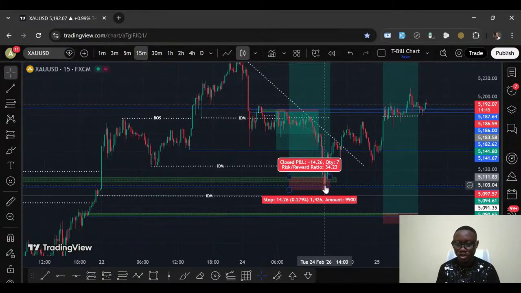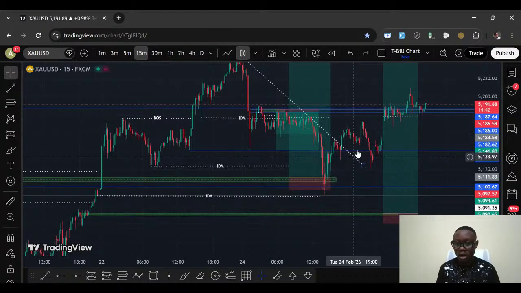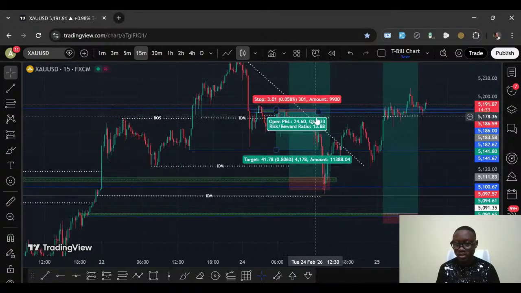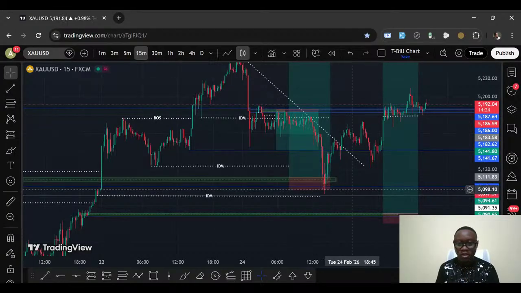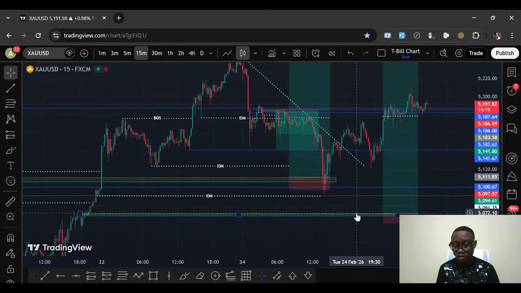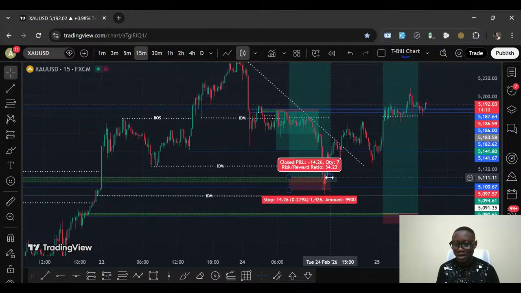We were not stopped out on this trade. The TP for this trade was set at this level, which price eventually hit, as you can see. So this trade was a winner. That is why, like I used to tell you guys, when you have two zones that are close to each other like this, for this one I would definitely set a buy limit order right here, but for this one I would rather pay close attention to price action before I take my trade.